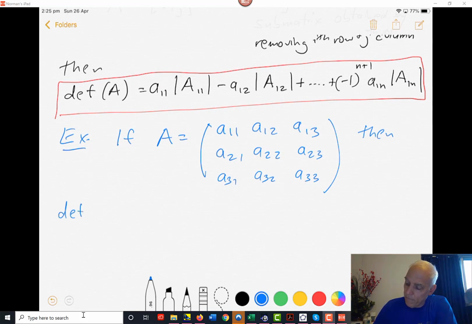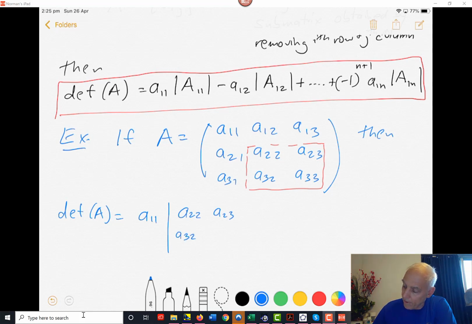So the determinant of A equals, first of all, a_11 times the 2 by 2 determinant, which I'm going to write with square brackets, of this submatrix. In this case, the submatrix is right here: the entries are a_22, a_23, a_32, a_33.